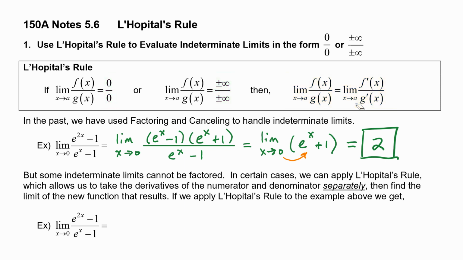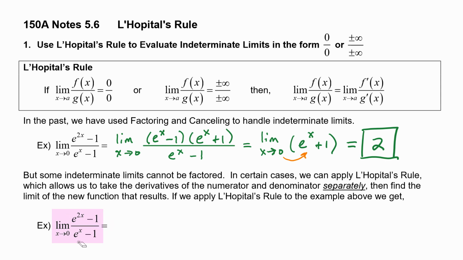So now what we're going to do is take a look at this same exact limit, but this time we're going to do it using L'Hopital's rule so that you can see how it works out to be the same thing. Now if we were to try plugging in x equals 0 here, we would have e to the 0 minus 1. Well, that's 0.